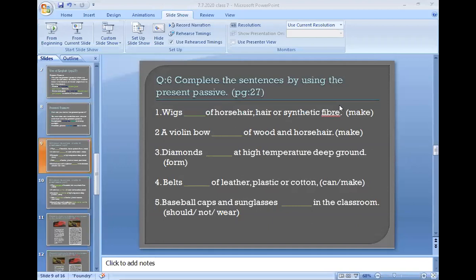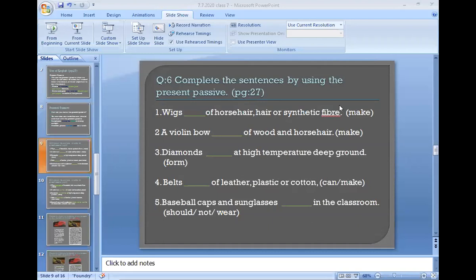And how are you going to change make into the past participle? Made. Very good. So wigs are made of. Wigs is plural, so wigs are made of horsehair.